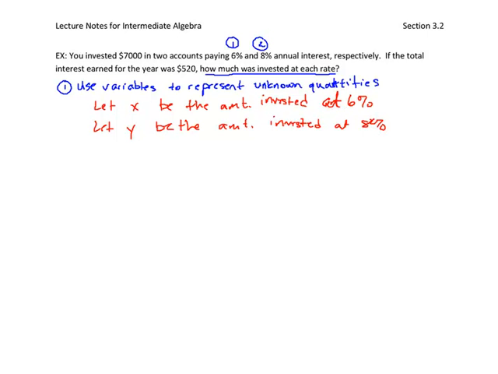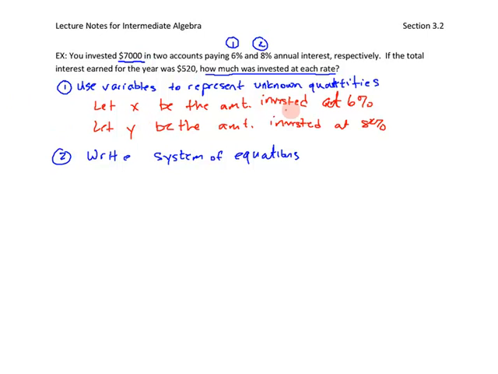Okay? Now that we have our variables established, let's write a system of equations. What's the first thing we know about these amounts? Okay? The first thing we know is that there is a total of $7,000, right?